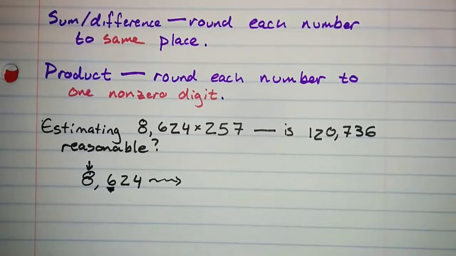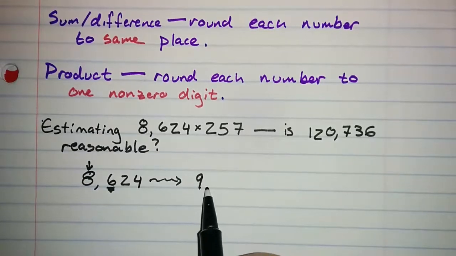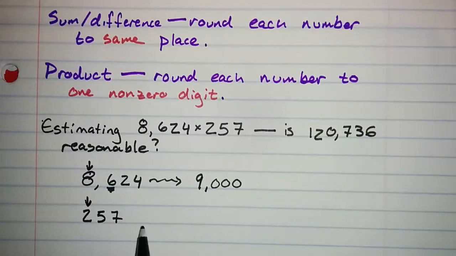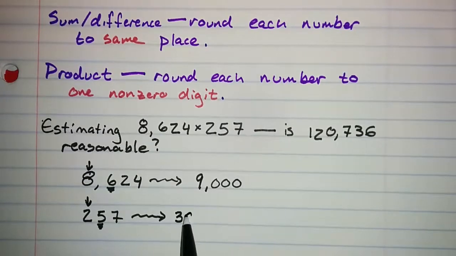This next digit is a 6, so that tells us to round which way? Correct, up. We'll round up to 9,000. 257, we want to round to this leftmost place again. So this is between 200 and 300. The 5 tells us to round up to 300.